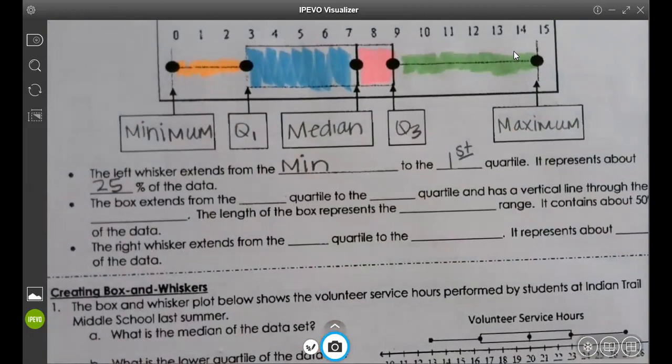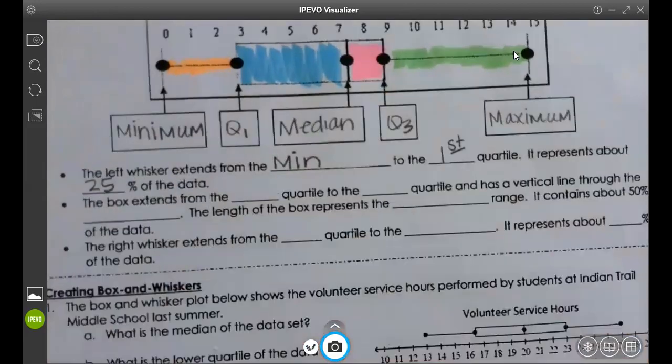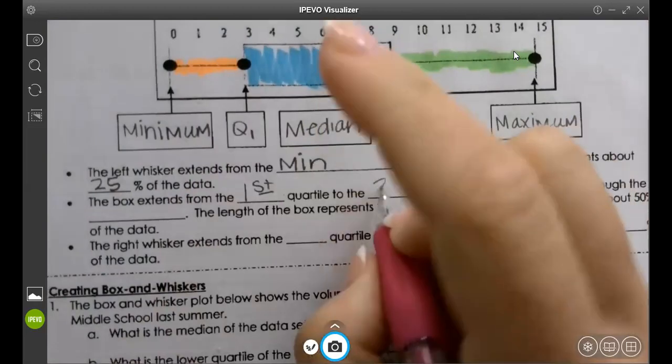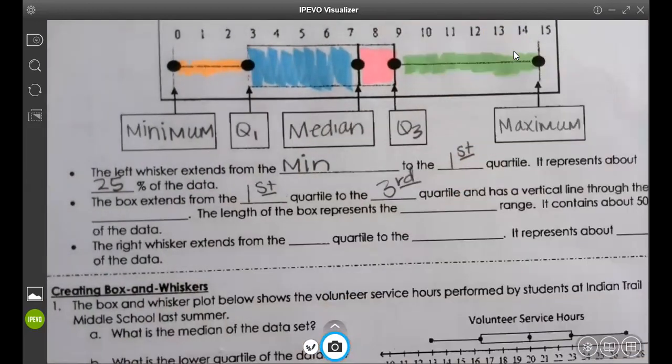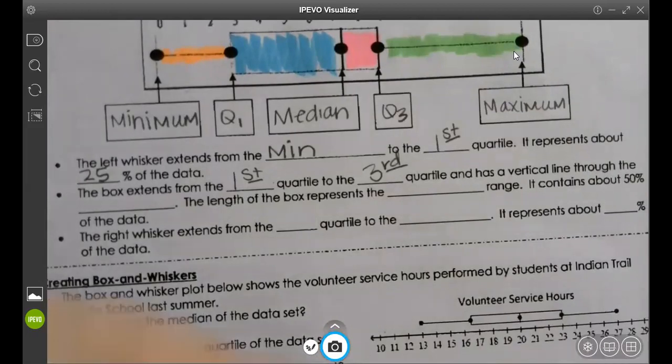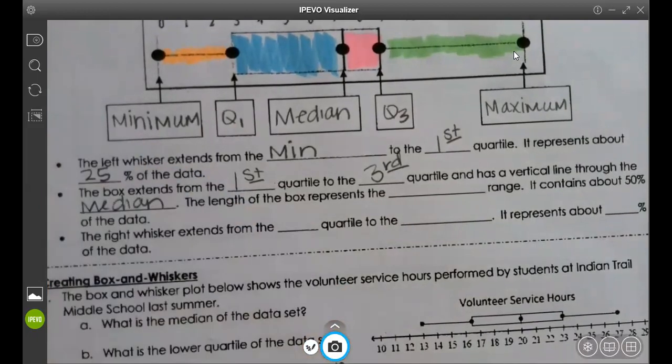The box extends from the first quartile to the third quartile, or Q1 to Q3. And it has a vertical line through the median.